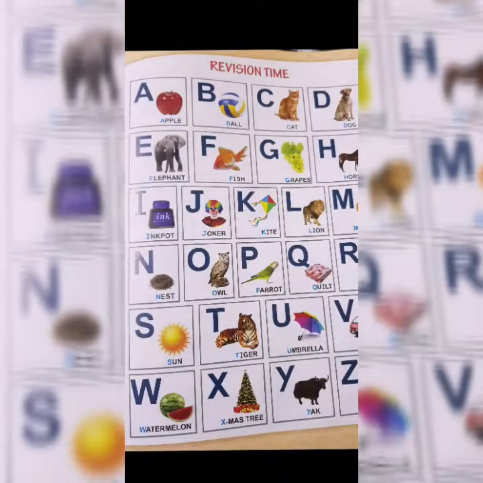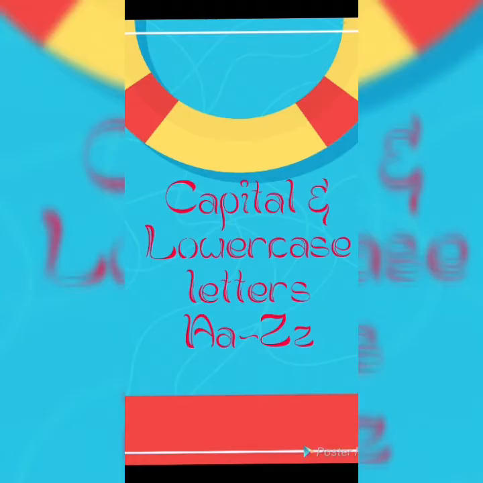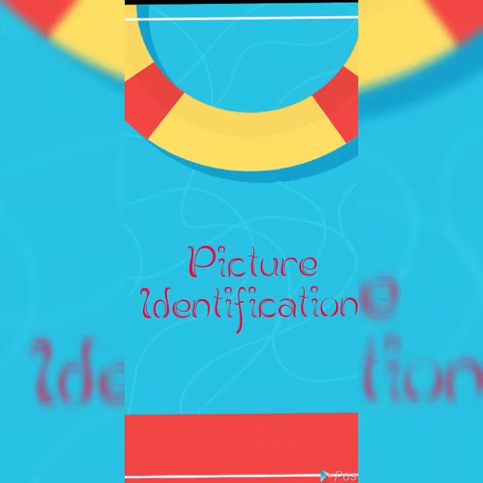Today, we are again going to learn picture identification with the phonic sound, as well as revise how to write capital letters and small case letters of the alphabet from letter A to Z. First of all, we will discuss picture identification with the phonic sound.